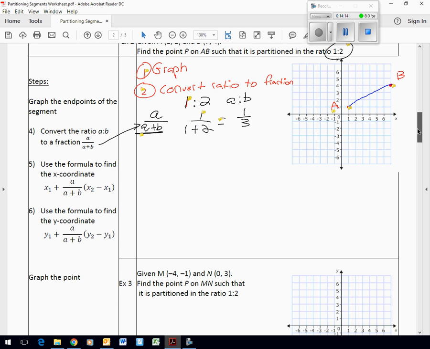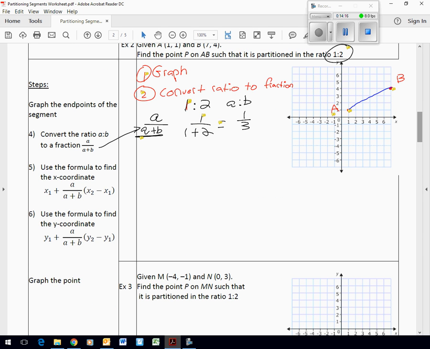Let's get back up to this problem right here. I'm now using this formula to find my x-coordinate. So I'm going to say x1 plus my fraction times the difference between the x-coordinates. I know it can be tough. Let's talk about it.